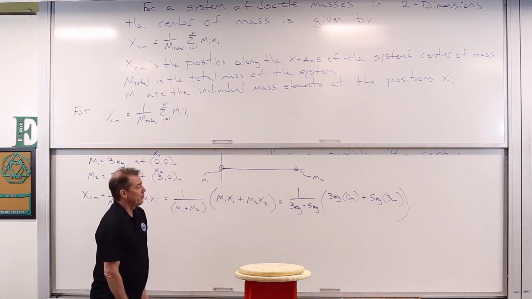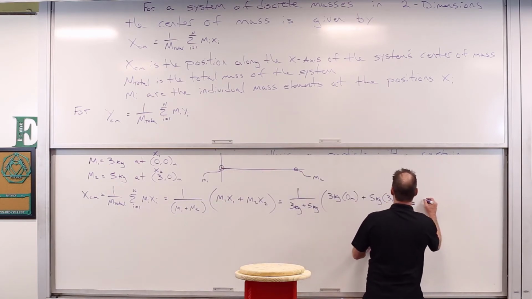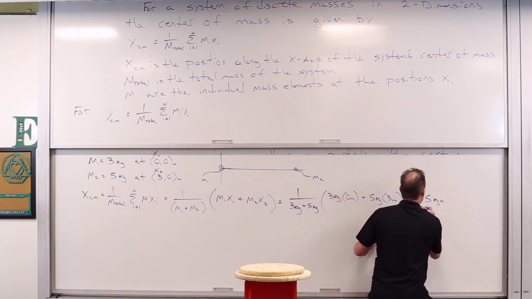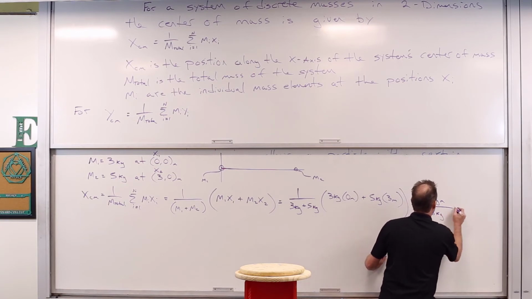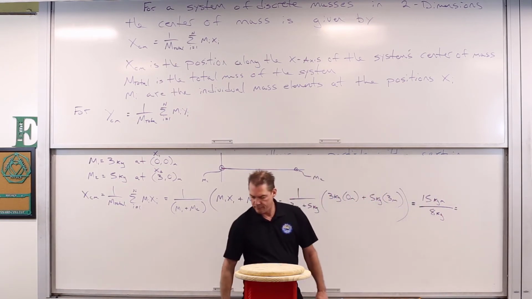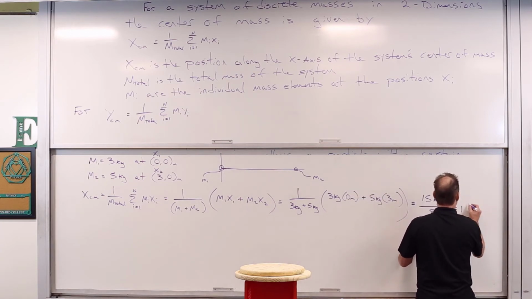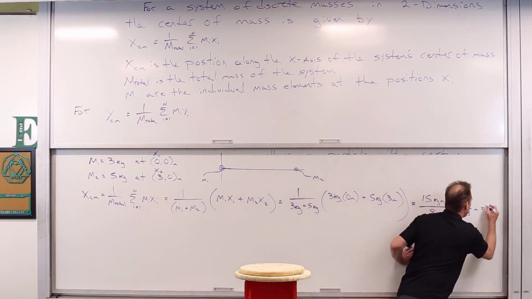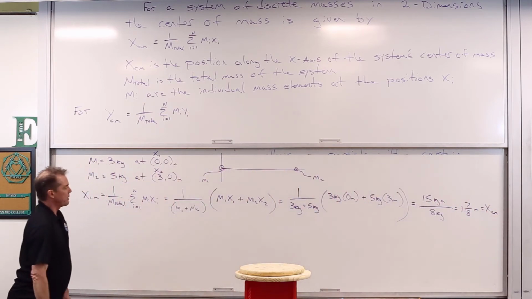So hopefully we could go ahead and get this going pretty easily here, and we've got ourselves 15 kilogram meters divided by 8 kilograms, which gives us 15 eighths, 1 and 7 eighths meter, is the position of the center of mass along the x-axis.